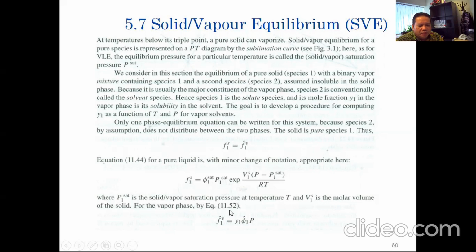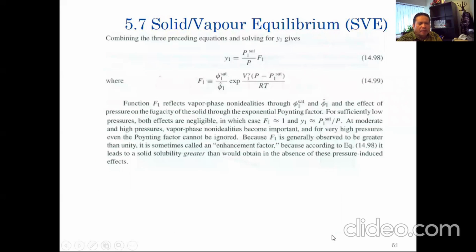For the vapor phase, we can rewrite it into this form. From there we can find y1, which is this ratio, and get this new expression, which is F1. This equation reflects the vapor phase non-ideality through the fugacity coefficient, the saturated fugacity coefficient, and this term is for the solid form.